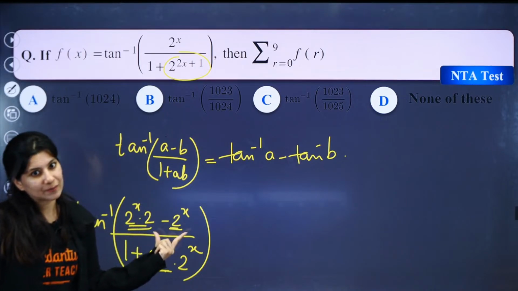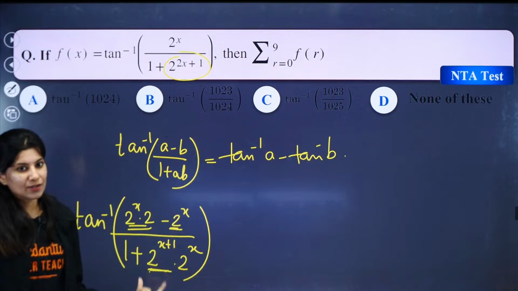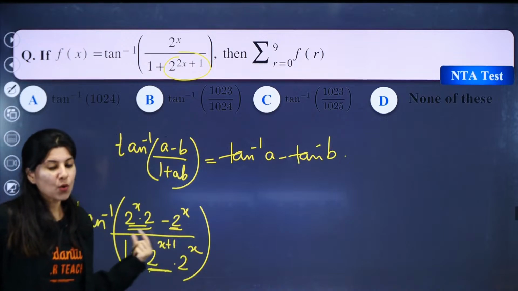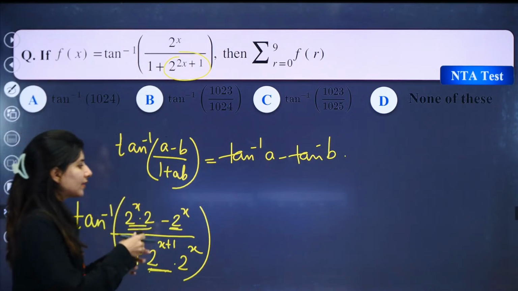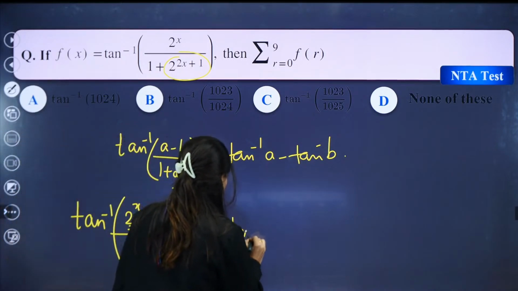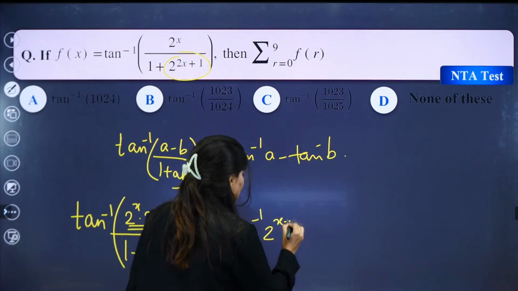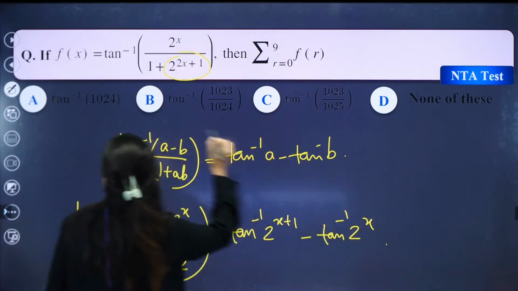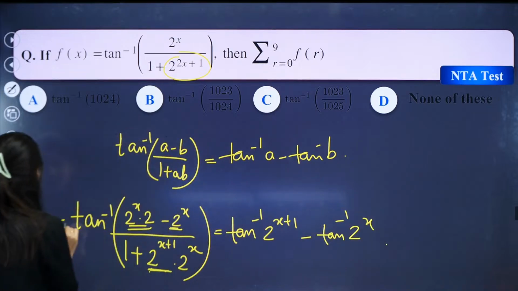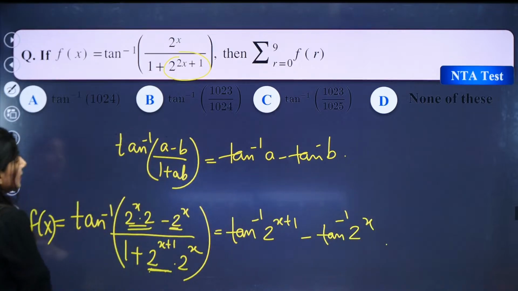So this is A minus B whole upon 1 plus AB. Just a little manipulation here and there and you get this. So this is nothing but tan inverse 2 raised to power x plus 1 minus tan inverse 2 raised to power x. This is your f of x.